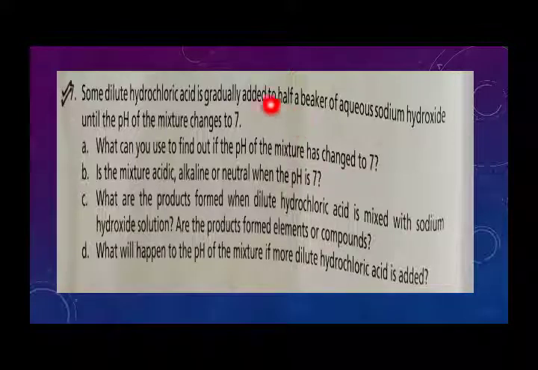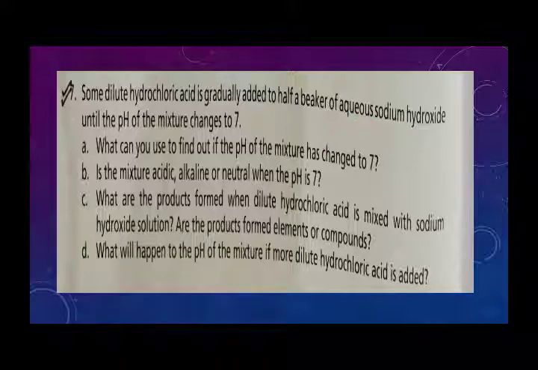So when acid is gradually added into an alkali, the pH of the mixture changes to 7. What does this 7 tell us? It means the pH becomes neutral, because pH 7 is always neutral. When we move below 7, from 7 to 1, the pH is acidic, and when we move above 7, from 7 to 14, the pH is basic.